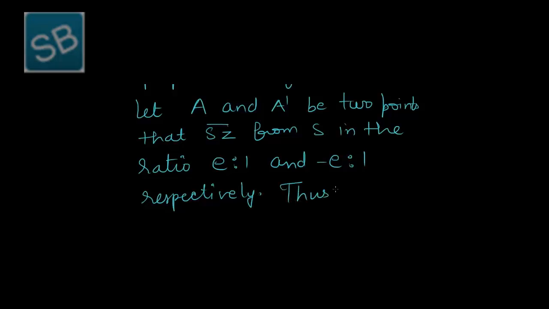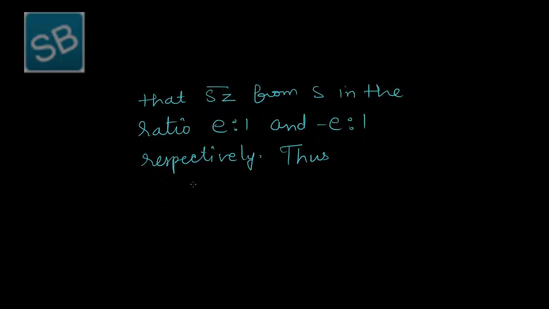Thus, SA over AZ will be equal to E by 1 or SA dash over A dash Z is equal to E by 1. That is by internal division and by external division.